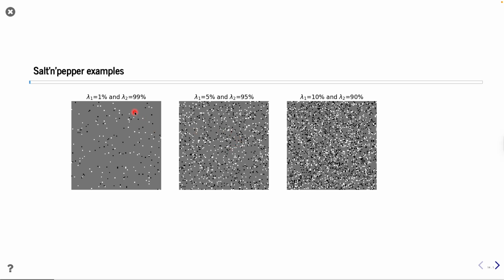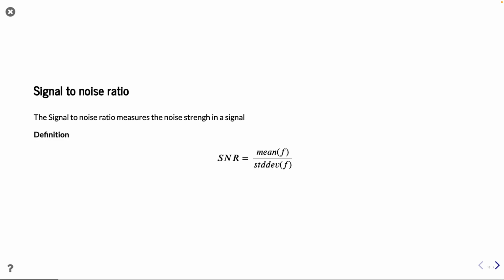If it's below some threshold in a uniform distribution, we set a minus 1. If it's between two limits, then it's a 0, and beyond that, then it's a 1. So our noise fraction for the salt and pepper is the part that is in the tails of the distribution. And here we see some examples.